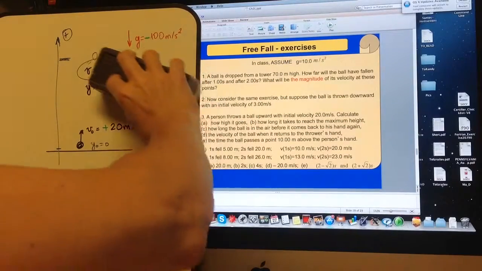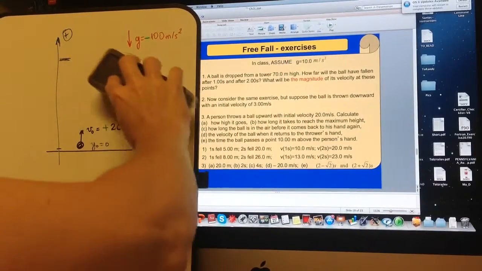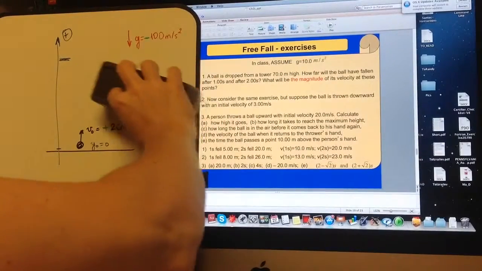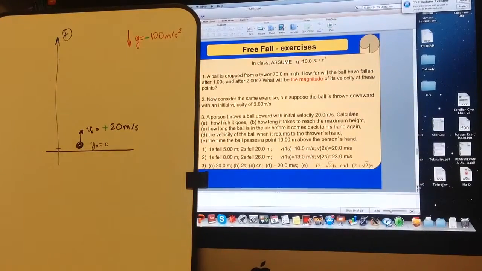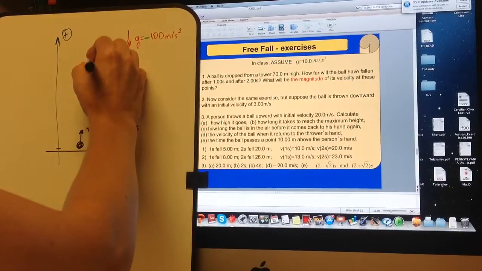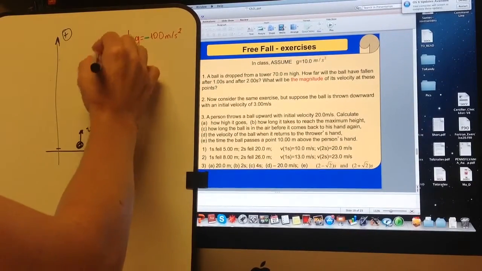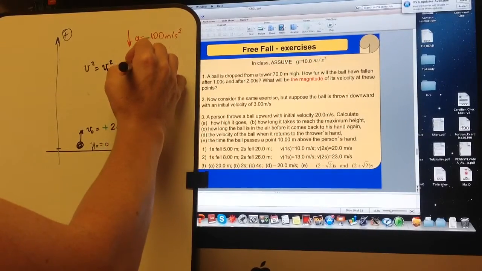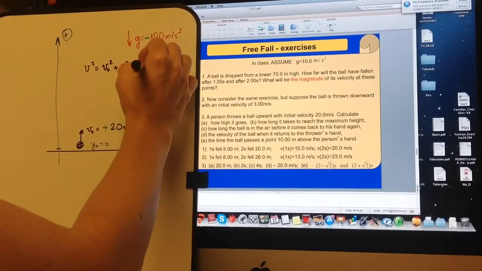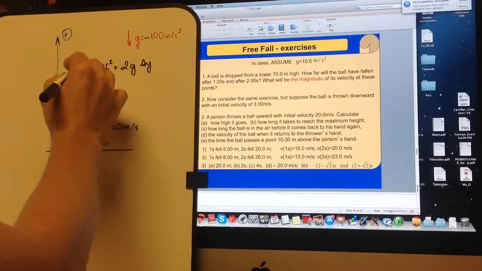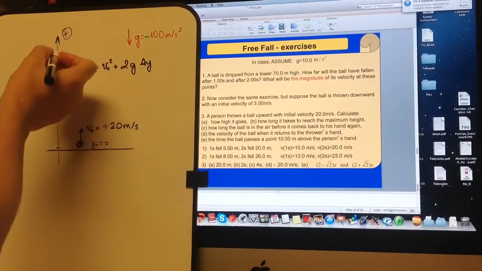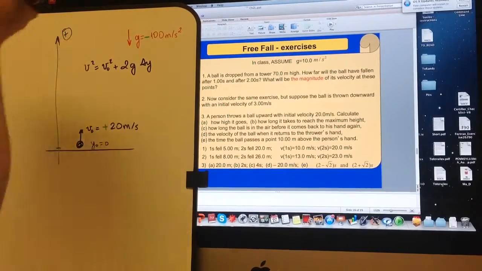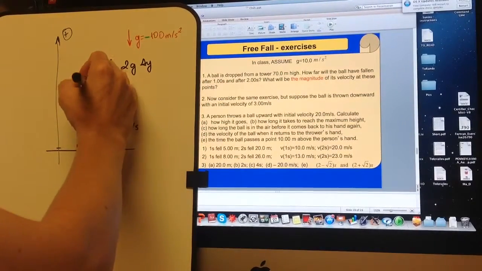The other way is to go to the other equation where we do not have any time, so I can solve the problem with just one equation. That equation is v squared equals v naught squared plus 2g delta y. We already discussed that the velocity at the highest point is 0. That's when we stop.